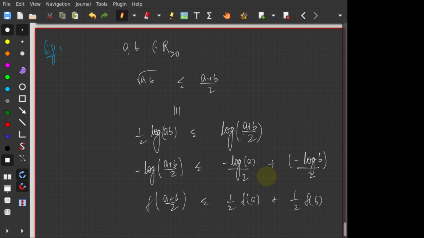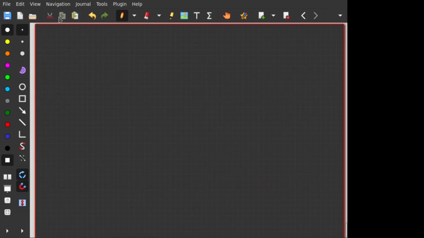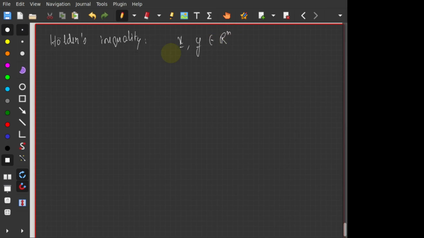Using this, you can prove the Cauchy-Schwarz inequality, or more generally what is called Hölder's inequality. So let's take any vectors x and y, and P, Q strictly positive, such that 1 by P plus 1 by Q is equal to 1.